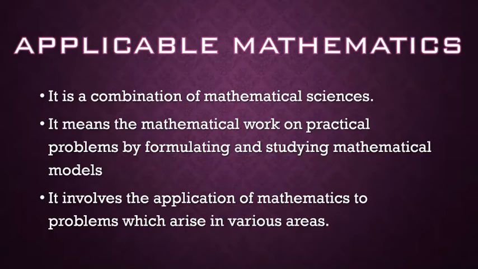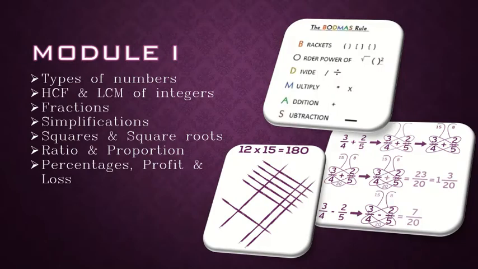And applicable mathematics is a combination of mathematical sciences that work on practical problems by formulating and studying mathematical models. The course contains only 4 modules. There are no textbooks available for this paper. Refer only to school level mathematics textbooks.